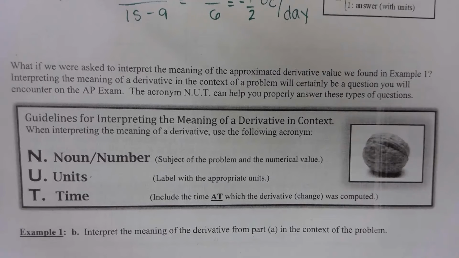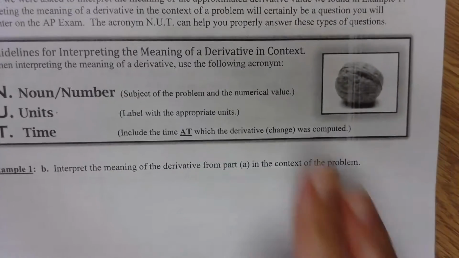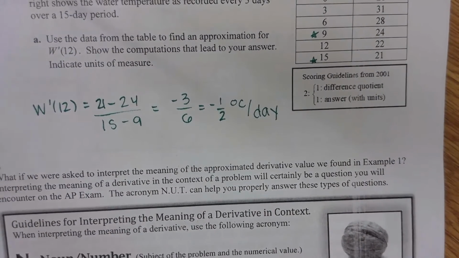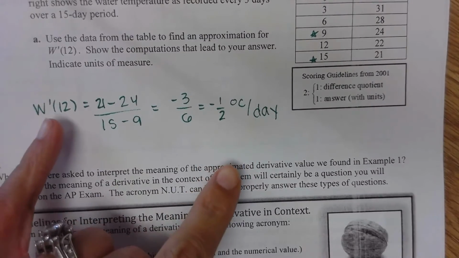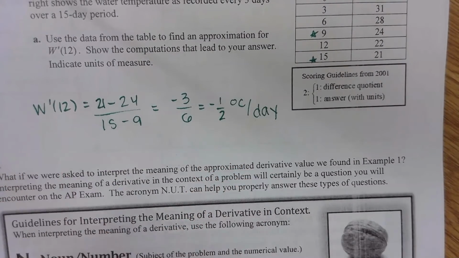So then in number 1, part B, it says interpret the meaning of the derivative from part A in the context of the problem. So what that means is take that -1/2 degrees Celsius per day and tell me what that means with respect to W prime of 12.